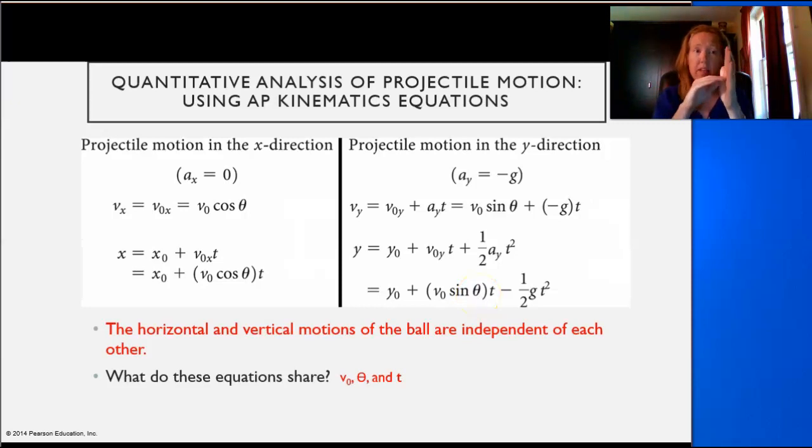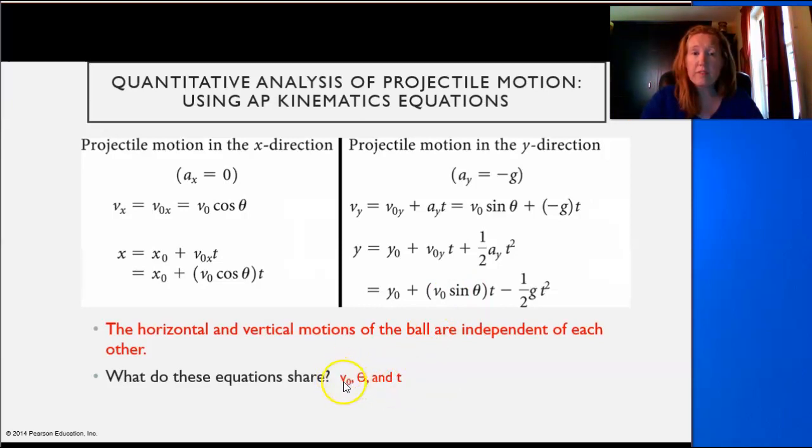It only has the power to slow down and then eventually speed up the velocity in the up-down direction. So this is difficult to remember, but x and y for the projectile are totally separate, and the only thing that links them together really is time.